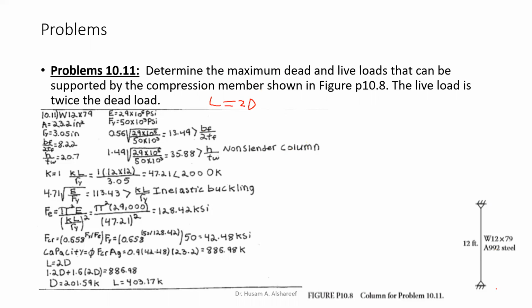So then to find the K, you need to go to the K table from my previous lecture. And for a hinged-hinged column, you should be able to find the K value.